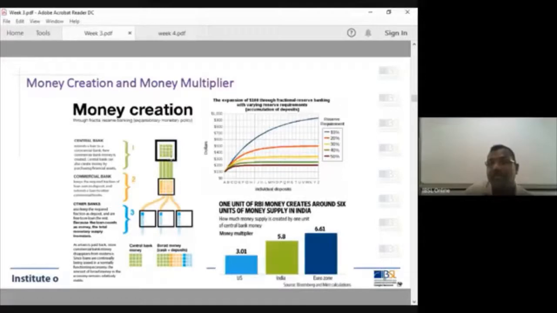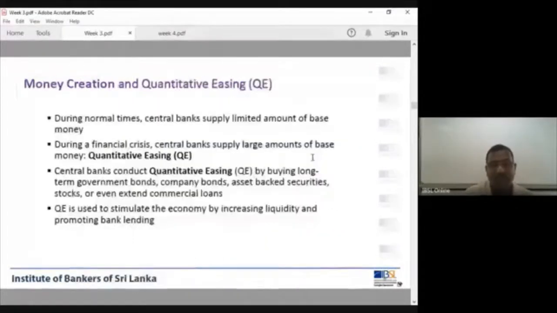Now, remember I told you, if you change the reserve ratio, that will have an impact on the money multiplier. Lower the reserve ratio, let's say 10%, higher the money creation. Higher the reserve ratio, let's say 50%, that limits money creation. So I hope it's clear.